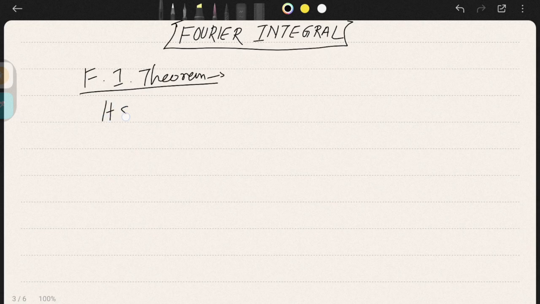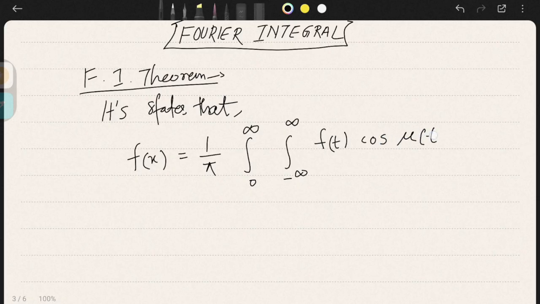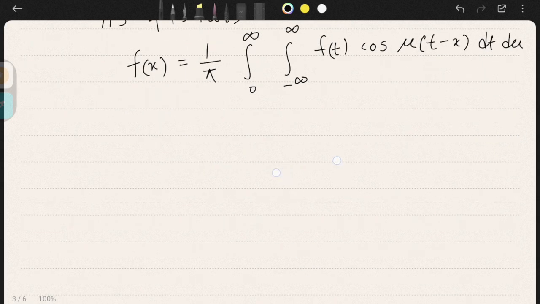It states that f of x is equal to 1 by pi integral from 0 to infinity, integral from minus infinity to infinity of f of t, which is similar to f of x, just x converted to t, cos u(t minus x) dt du. So yeah, let's prove this.